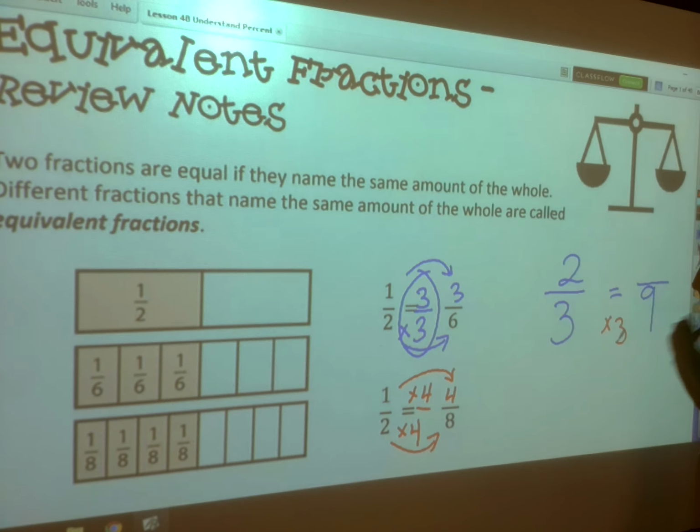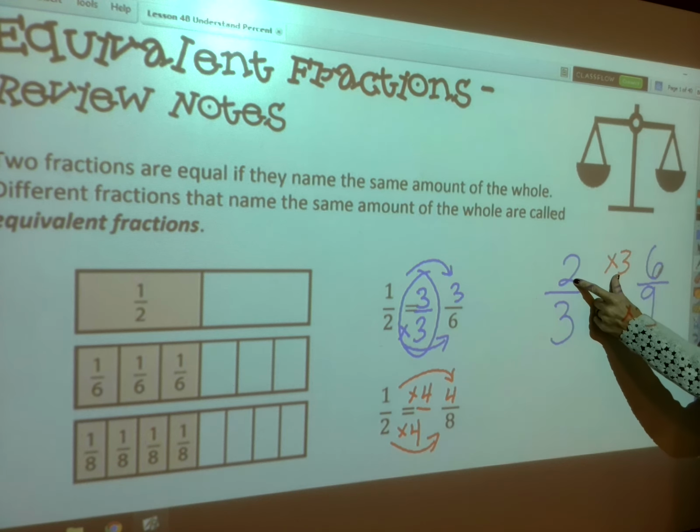It would be 3. So what are we going to do to the numerator? We're also going to multiply that by 3. So our actual equivalent fraction to 2/3 is 6/9. So 2/3 is equivalent to 6/9.